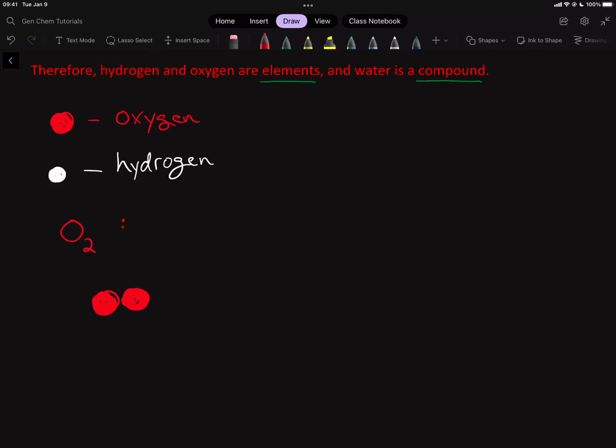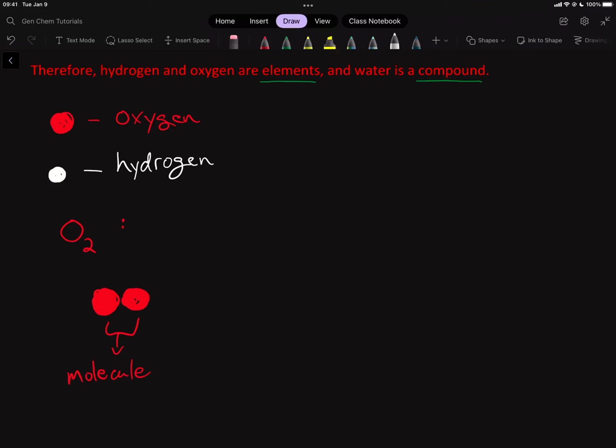Envision that there's a chemical bond connecting those two species so that we have one. This here is one molecule of oxygen, which contains two atoms of oxygen, and that is also elemental oxygen. So there's several ways you could verbally describe it.